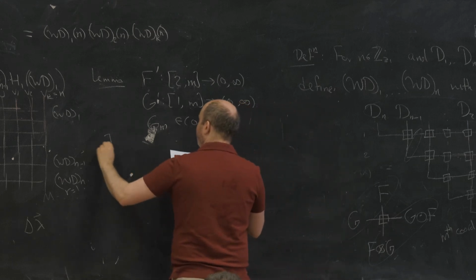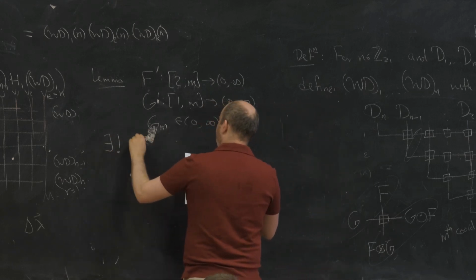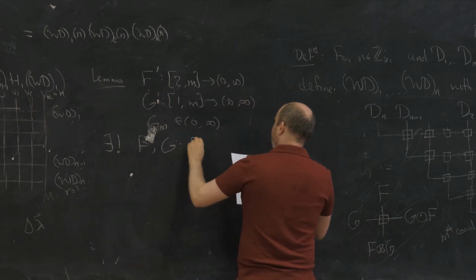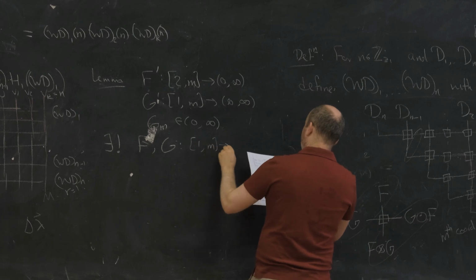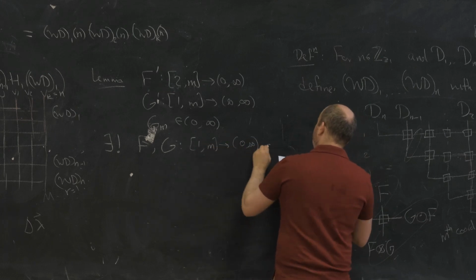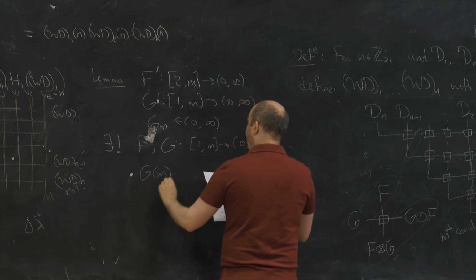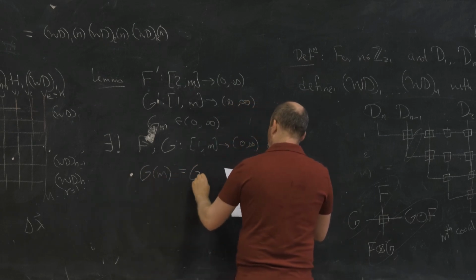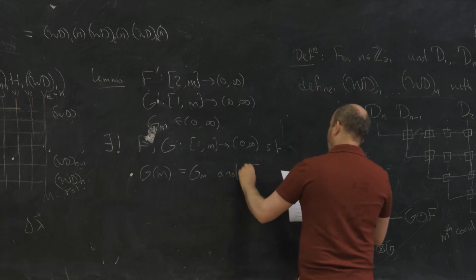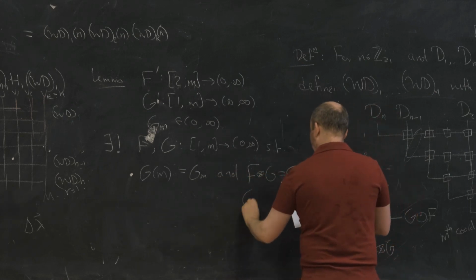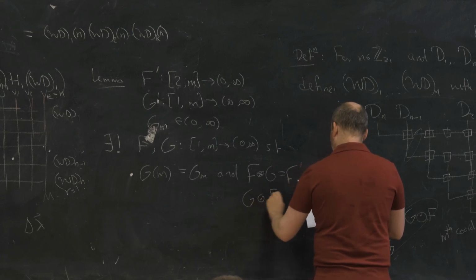Then there exists a unique function f and g, so without the primes, from 1 to m to infinity, such that the g function agrees at its final value with this g sub m, and f cross g is equal to f prime, and g dot f is equal to g prime.